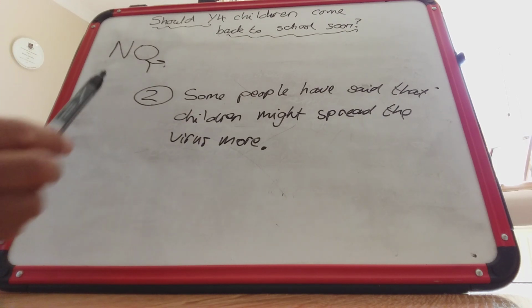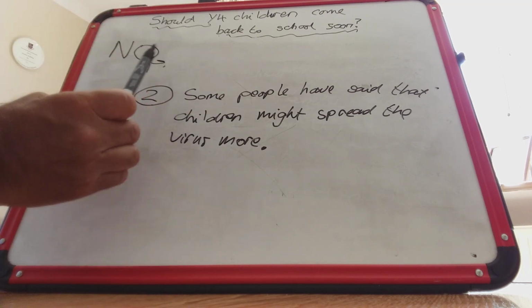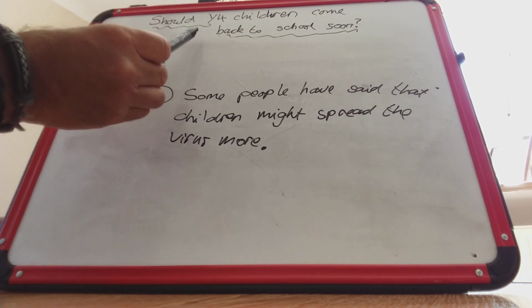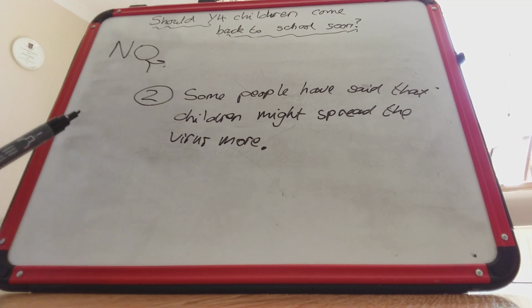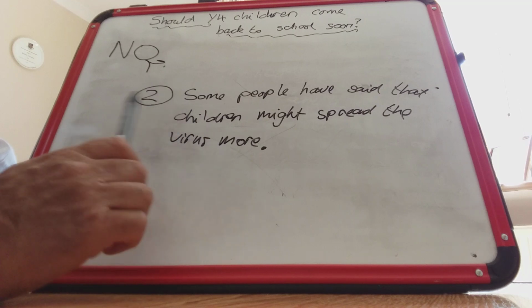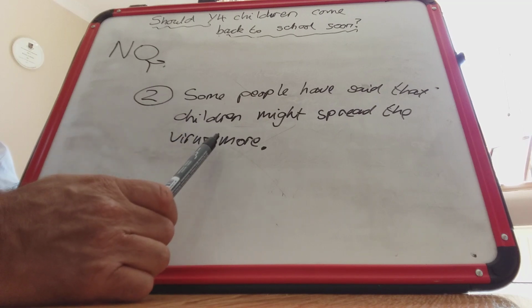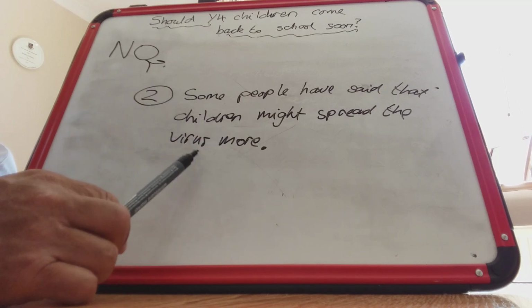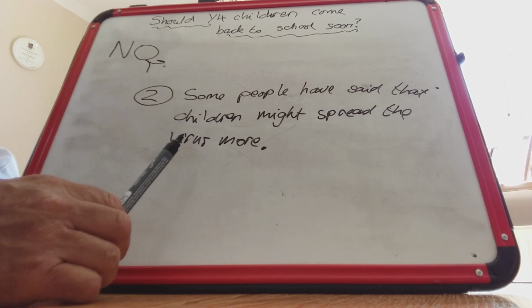So therefore, this is a second reason why we might say no to the question, should Year 4 children come back to school soon? Now, if you remember, you can't just write one sentence and then leave it at that. You have to explain things. And once again, I'm not going to do this for you. I'm going to let you do this yourself.